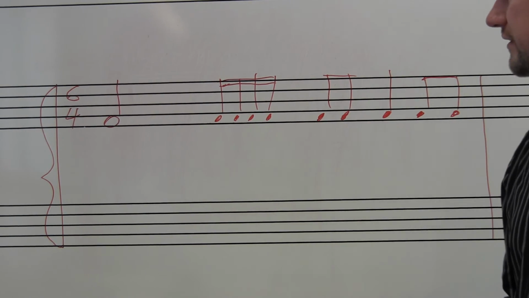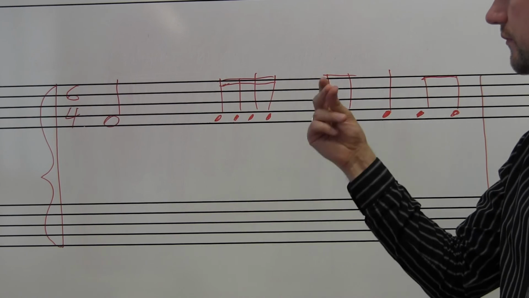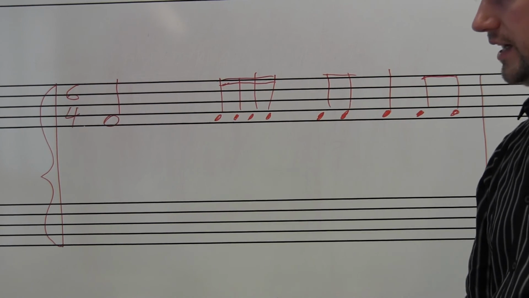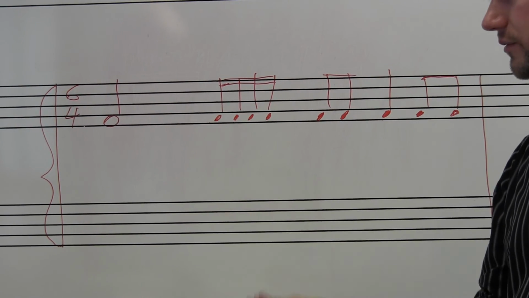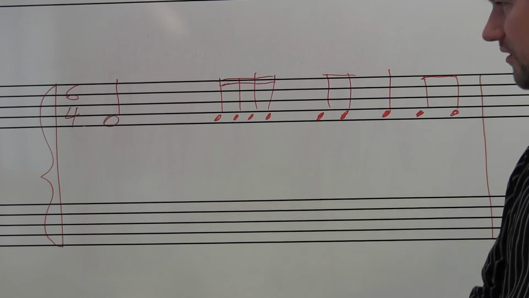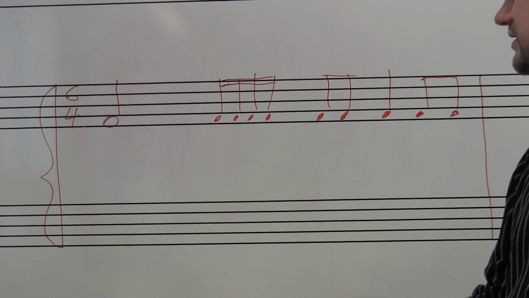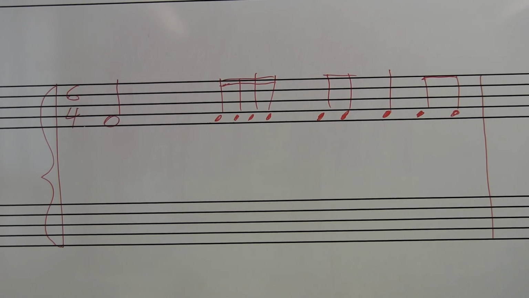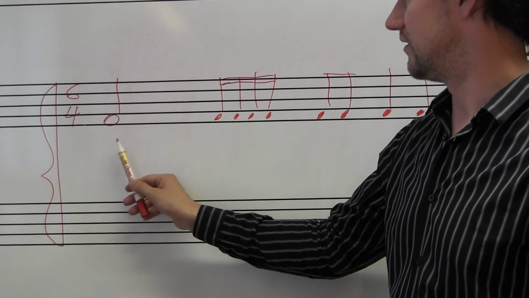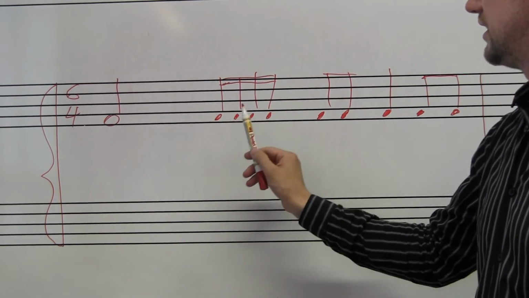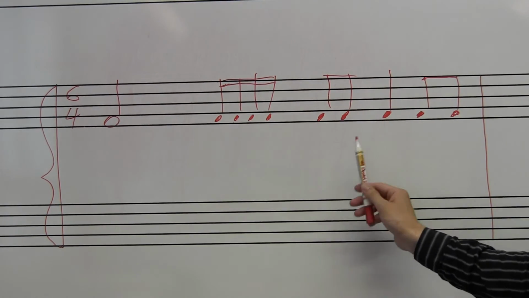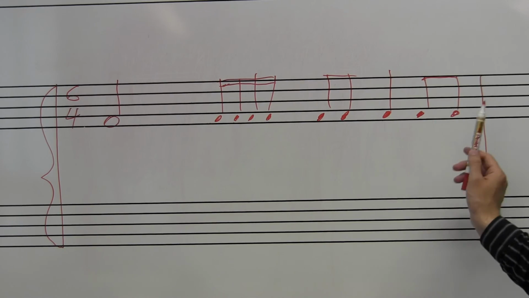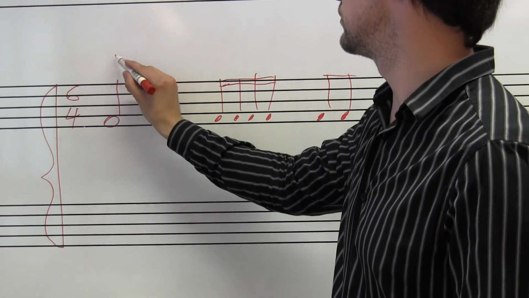But let's go, beat is like this. And I will use the syllable language. Ta, ti, ri, ti, ti, ta, ti, ti. So ta, ti, ri, ti, ti, ta, ti, ti. And let's write it down too.